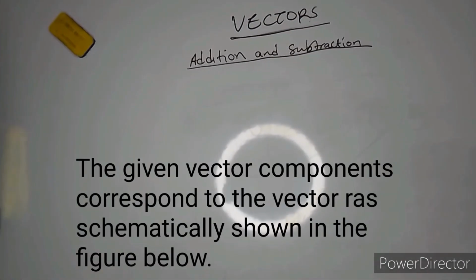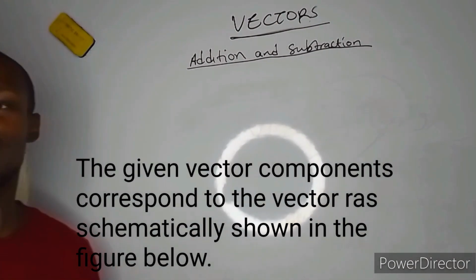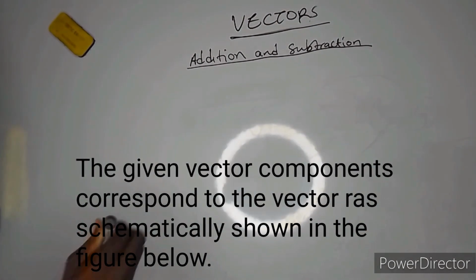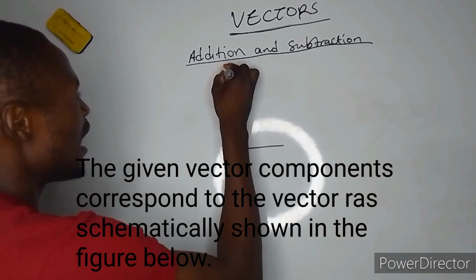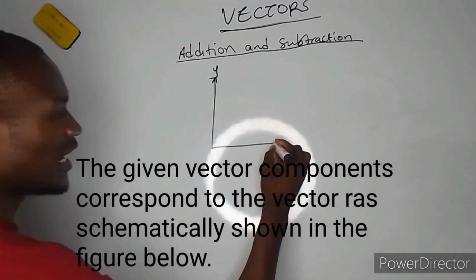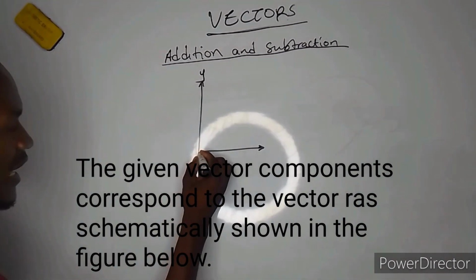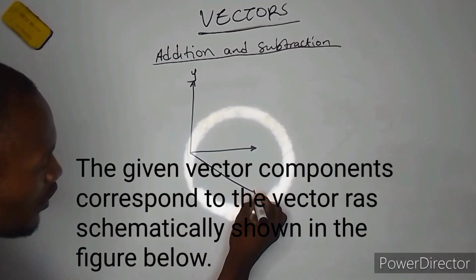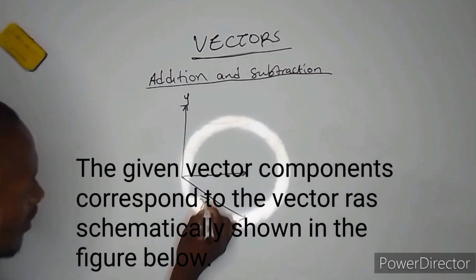They're saying the given vector components correspond to the vector r as schematically shown in the figure. So now we have this diagram which shows the y-axis and this one as the x-axis. Then we also have the vector which is going in this direction, called the vector r.